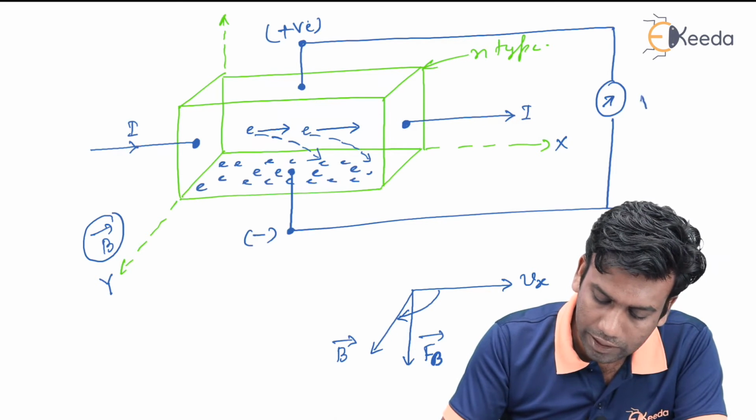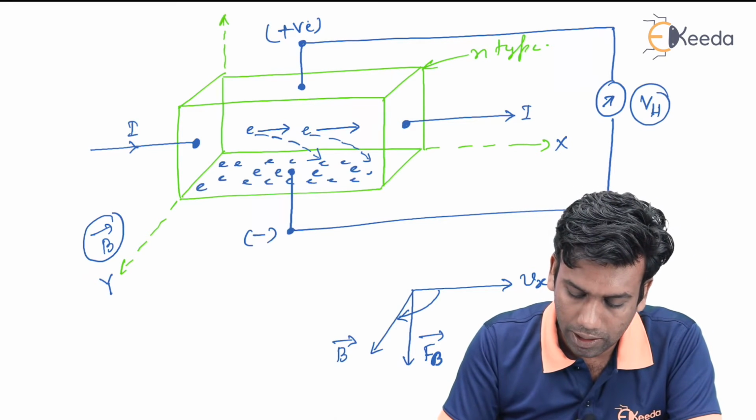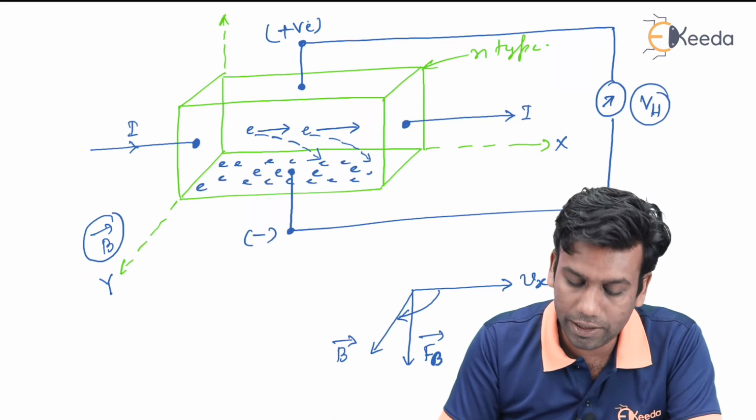That is why we will get a potential voltage of Vh at this voltmeter, and this is the Hall voltage that will be developed in the N type.